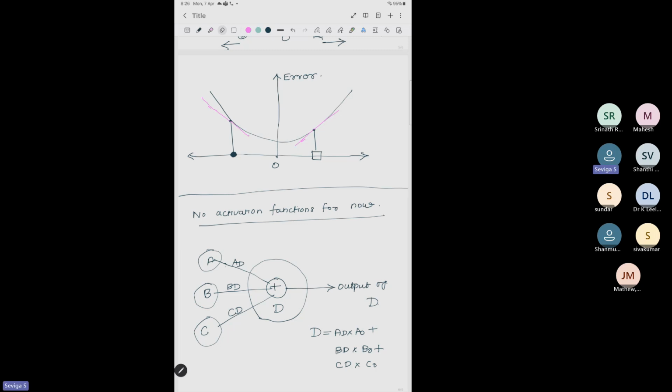So our neurons will emit nothing more than the sum of the weighted inputs.